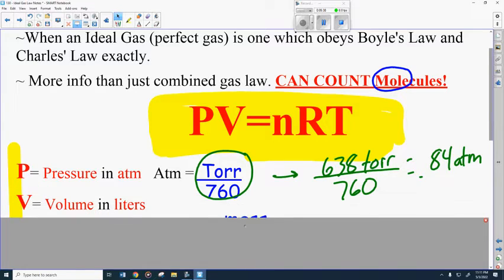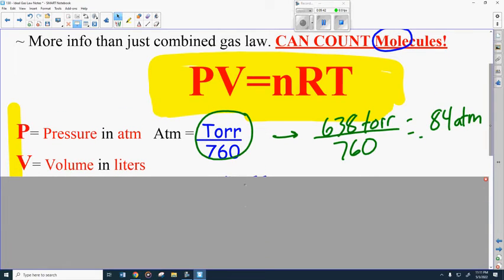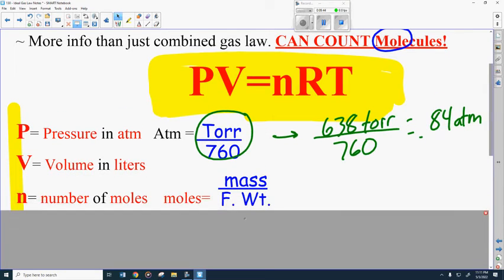Now volume is in liters. Again, sometimes I'll throw milliliters at you, but you guys know what to do there. That's old news. n stands for the number of moles. And remember, we're just going to worry about the basic moles equation, mass over formula weight. That's the only equation you really need to use. Just be careful.